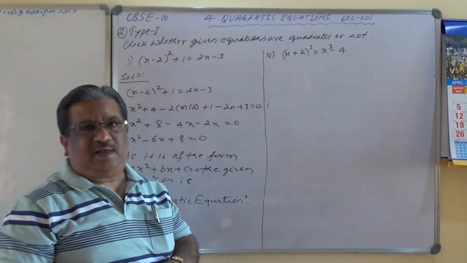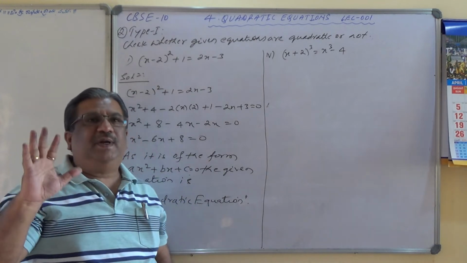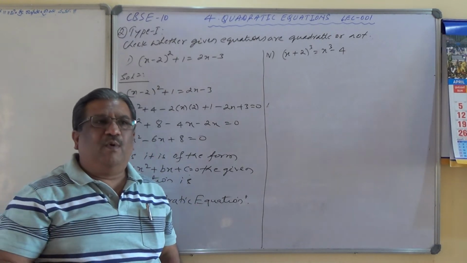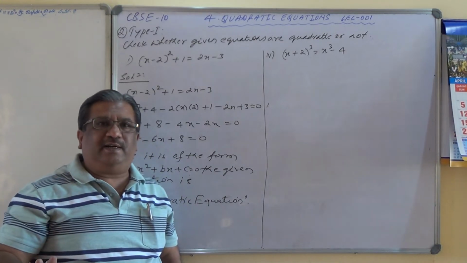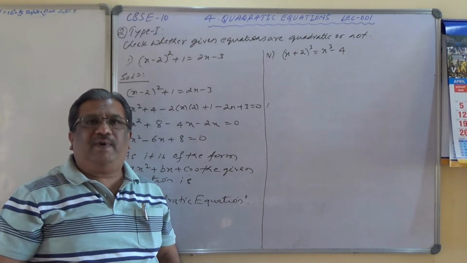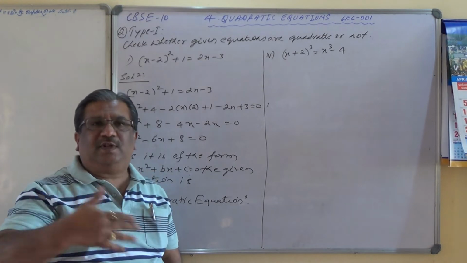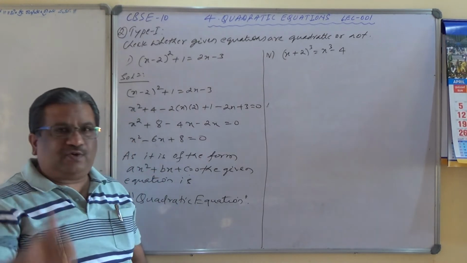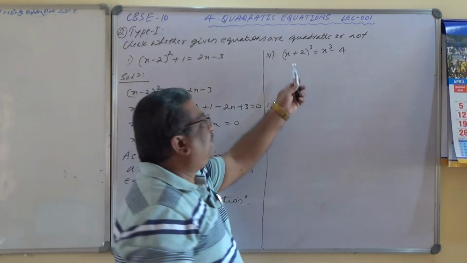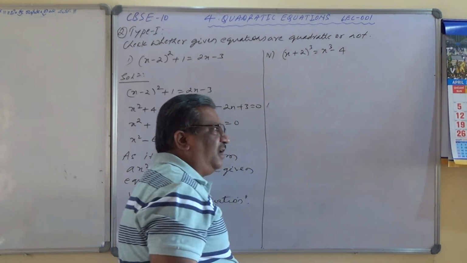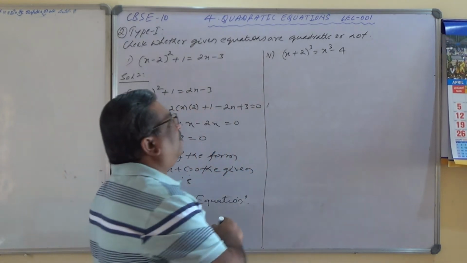In my first class I had given you 16 identities. Most of those 16 identities are very frequently used in trigonometry and in chapters like this as well as polynomials. So make sure you know all those things. Here it is (A plus B) the whole cube, A cube plus B cube plus 3 into A into B into bracket A plus B. I am going to use that formula.